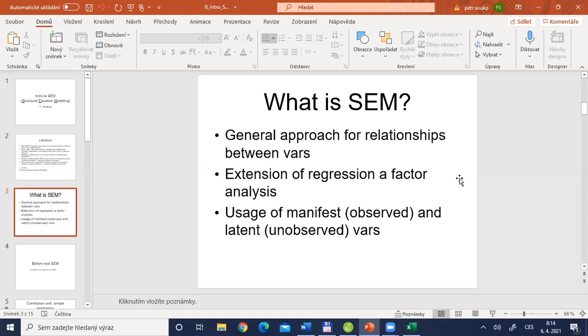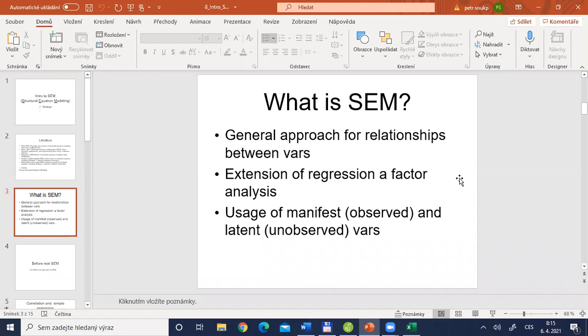And in structural equation modeling, this logic can be applied as well. So we can combine in one model variables that are observed, manifest, or unobserved, latent. That's only a repetition of the previous discussion from exploratory factor analysis. And before we start real structural equation models, the next lecture will be devoted to the first real structural equation model.